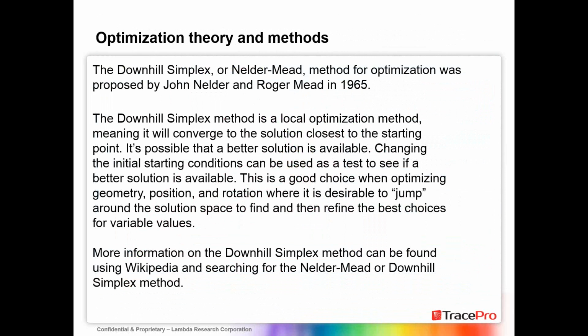This is a good choice when optimizing geometry, position, rotation, where it's desirable to jump around solution space to find and then refine the best choices for variable values. There's more information on the downhill simplex method on Wikipedia by searching for the Nelder-Mead or downhill simplex method.